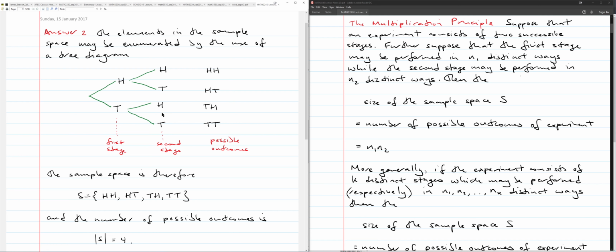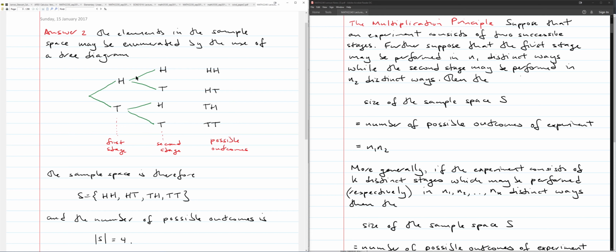Then your second stage can be performed in n2 distinct ways. What that means is that once you complete your first stage, you get an outcome. Then when you do your second stage, you can have several possible outcomes.